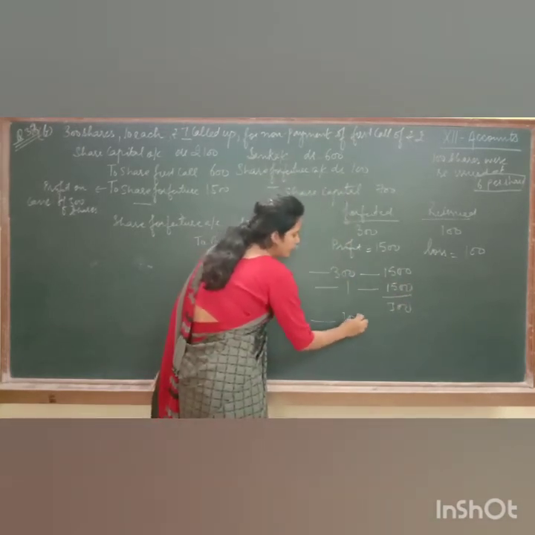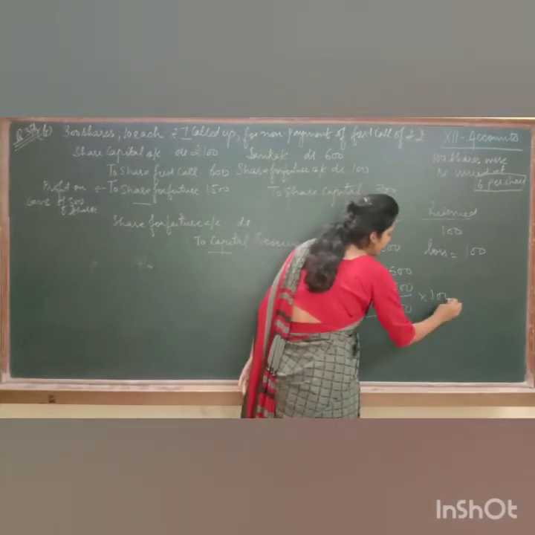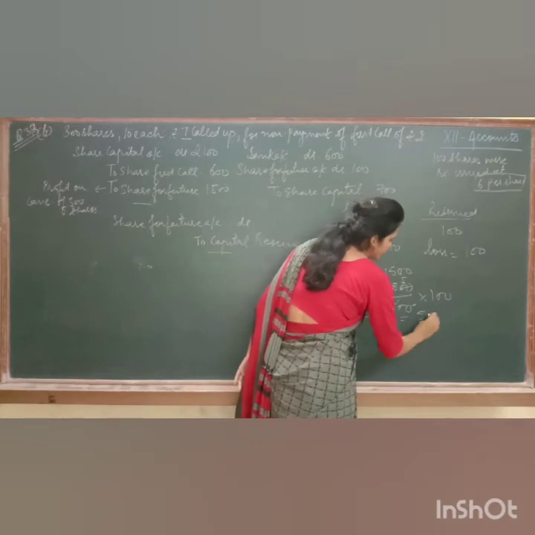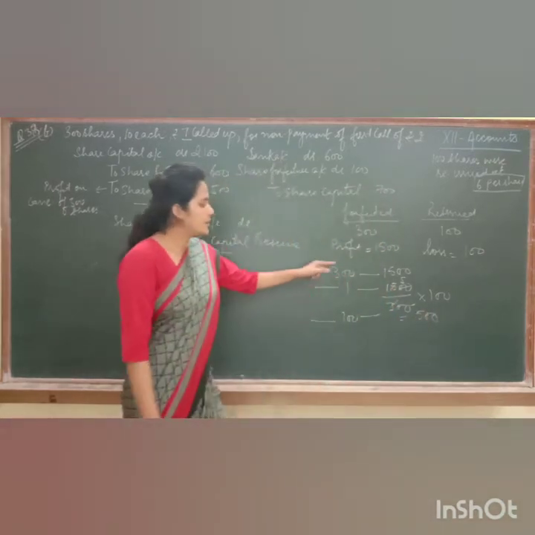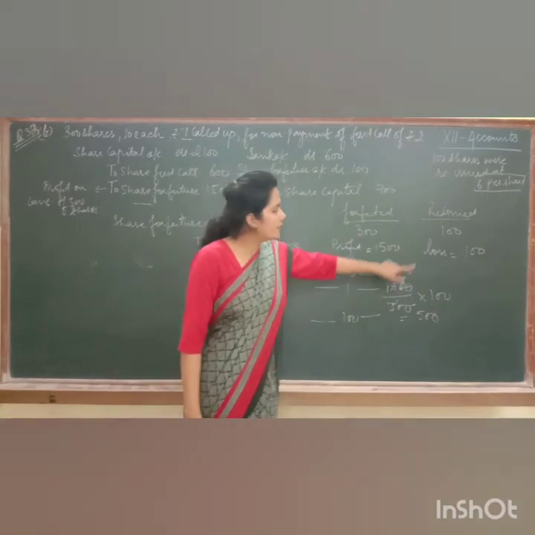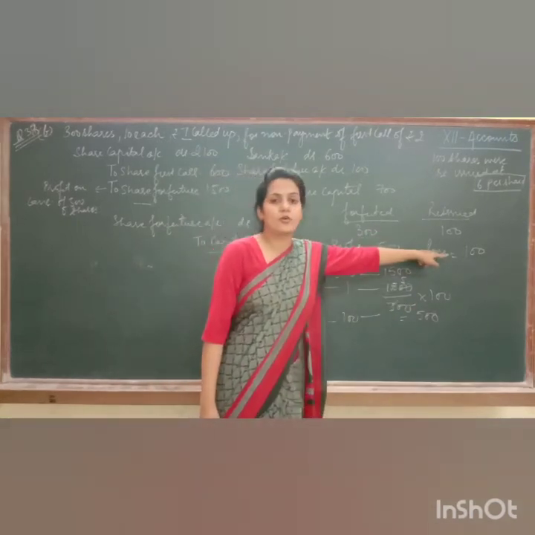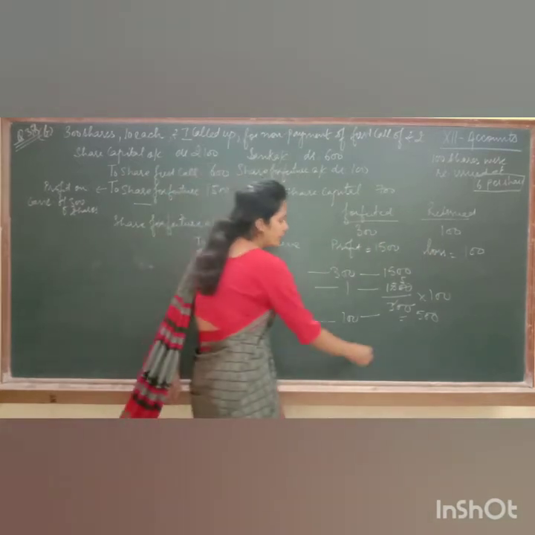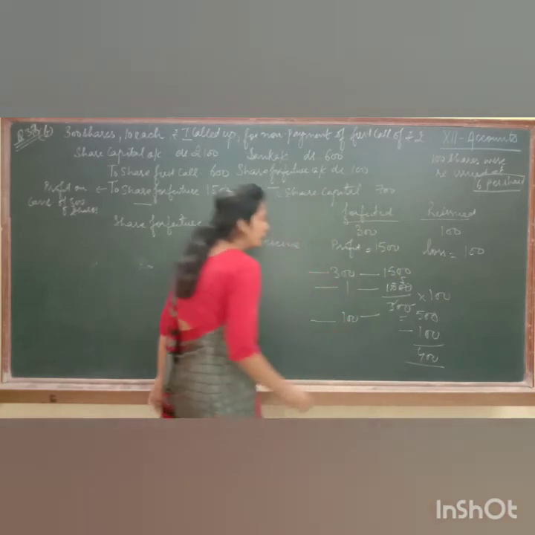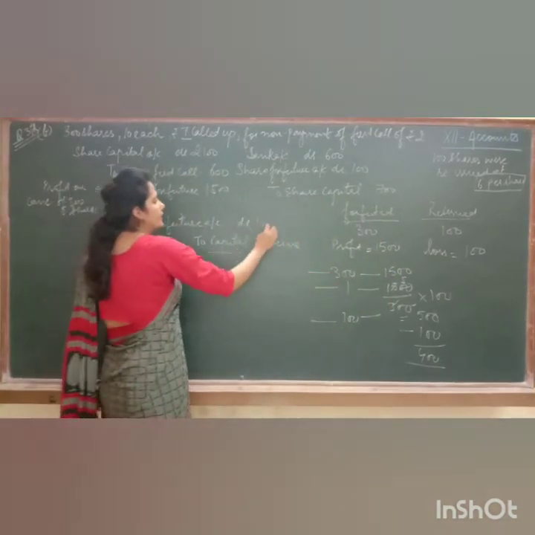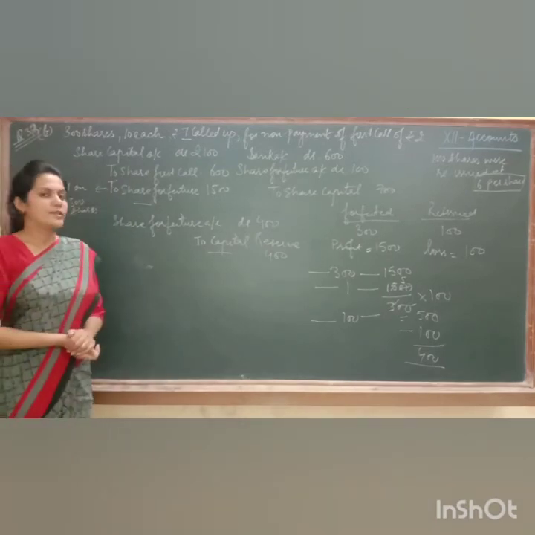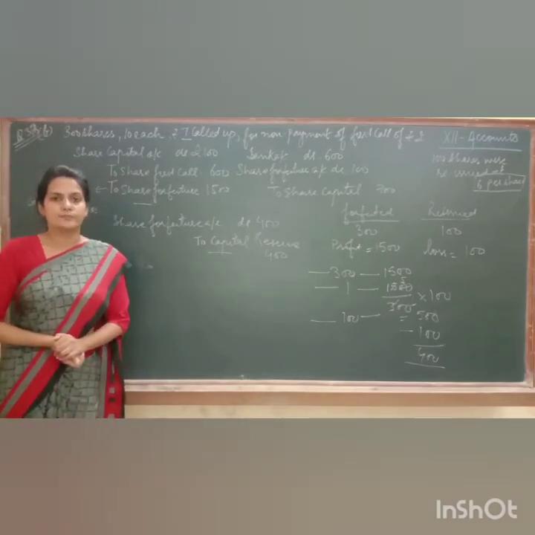Profit on forfeiture of 100 shares, you can easily find out. It is 500. But when I reissued the same shares, I incurred a loss of ₹100 also. So 500 minus 100, that is 400. So 400 we are going to transfer to capital reserve. So I hope this point is clear. Now let's move to the next numerical.